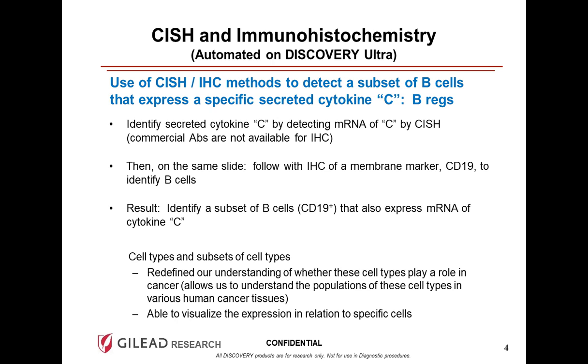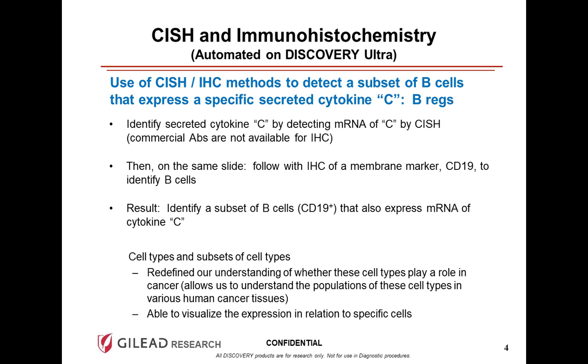So on the same slide, we wanted to follow with IHC using a membrane marker, CD19, to identify B cells. And what we were hoping for, and what we did get, was that we were able to identify a subset of B cells, so they were CD19 positive, that also express mRNA of cytokine C. I'll show you on the next slide, but this was very helpful for us to understand if these cell types, these B regs in particular, played a role in cancer.